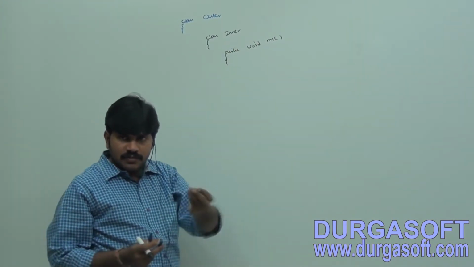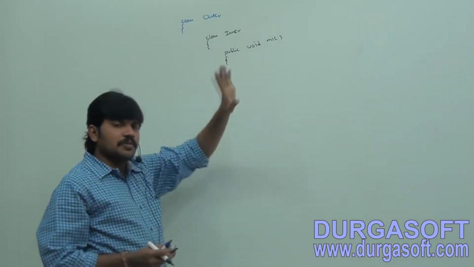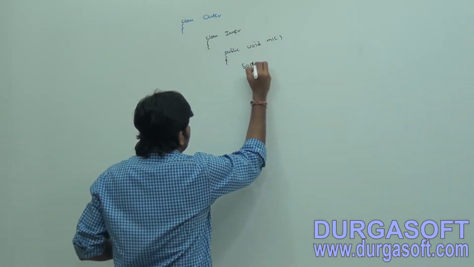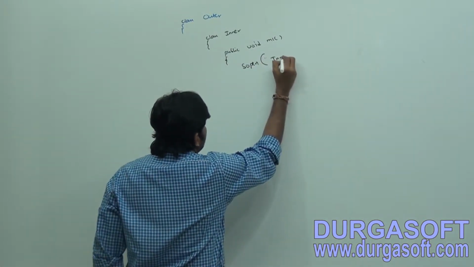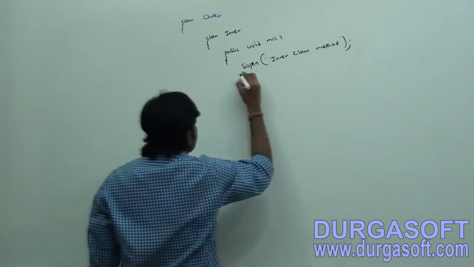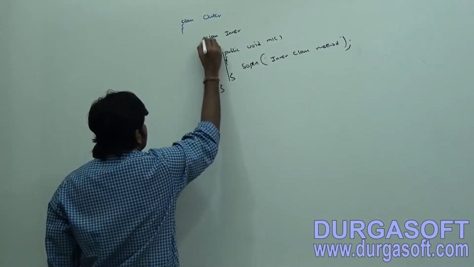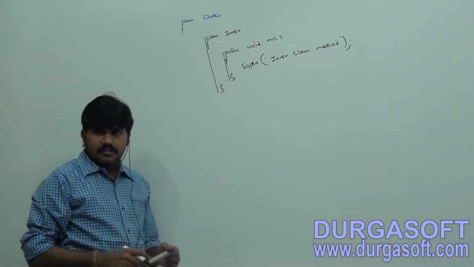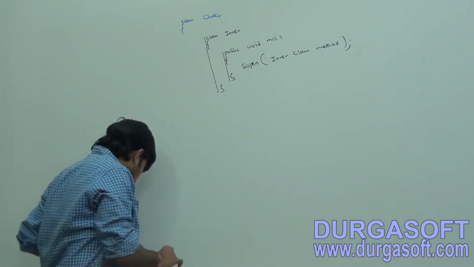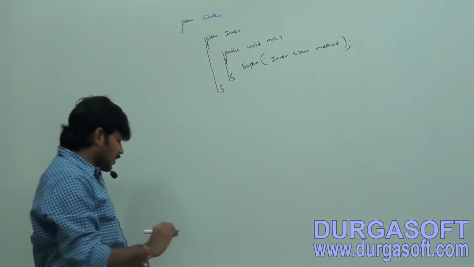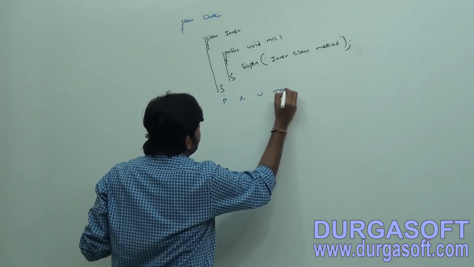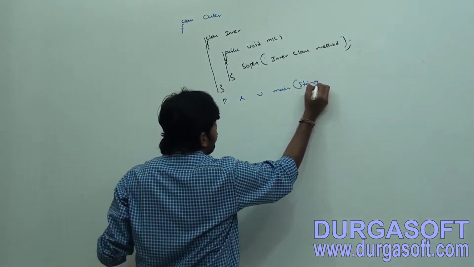At least something should be acceptable. Instance method you can take, no problem at all. Now here I am taking System.out.println, inner class method, in class outer, class inner, M1 method.